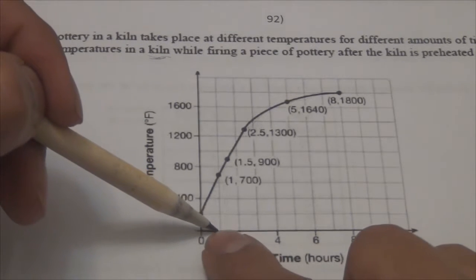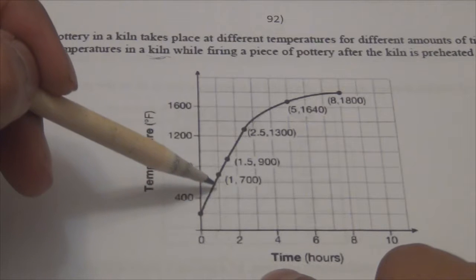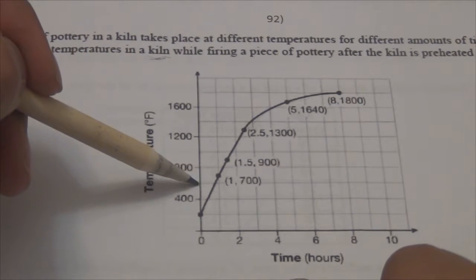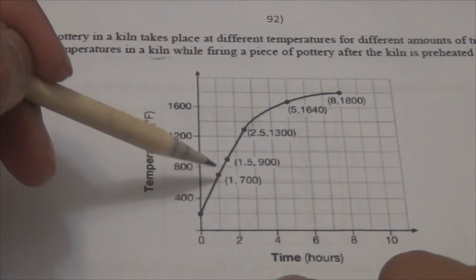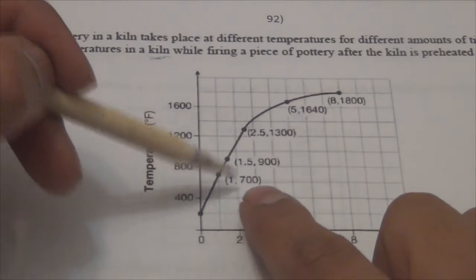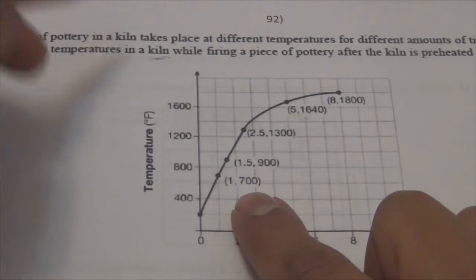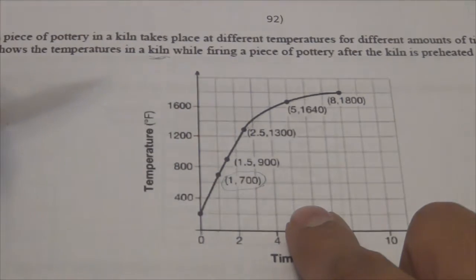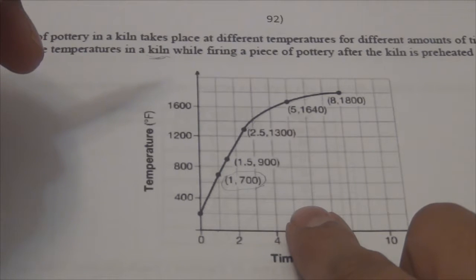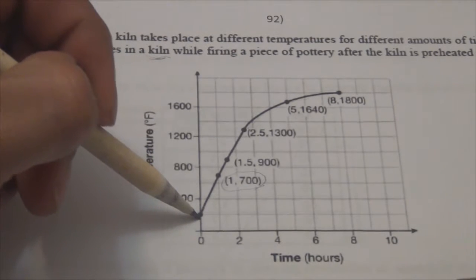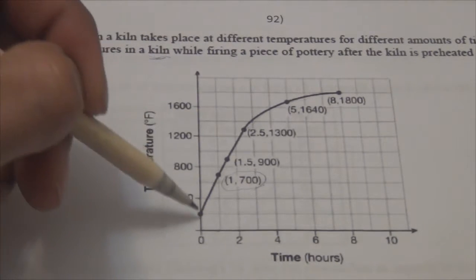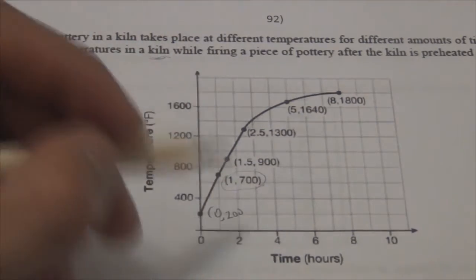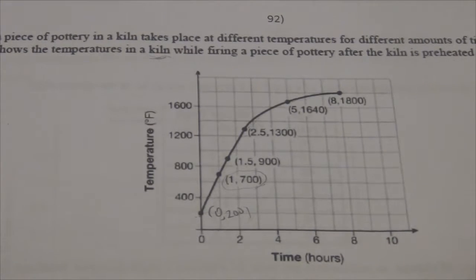If this is 400, this has to be 600, and this has to be 800. Oh well, duh, it says it right here. So 700, okay. And this is 200. Let's find out the rate of change.